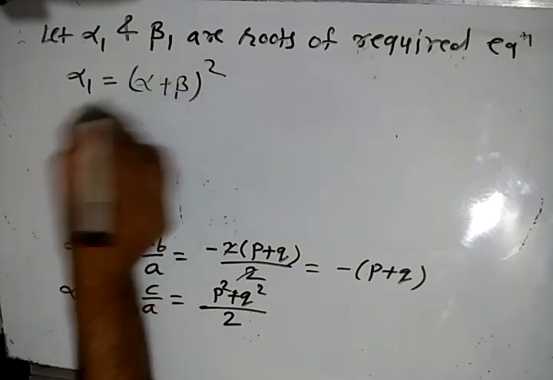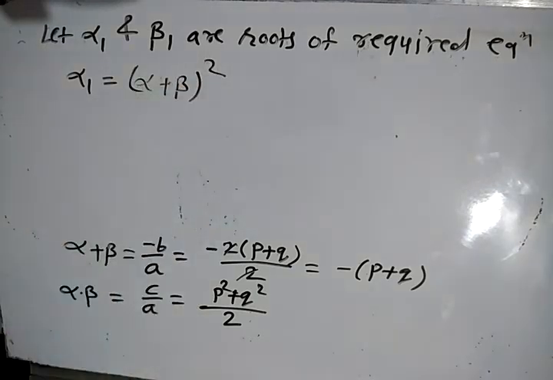This is the first root, alpha 1. That is, the square of the sum of the roots, alpha plus beta whole square. And the second is the square of the difference of the roots.